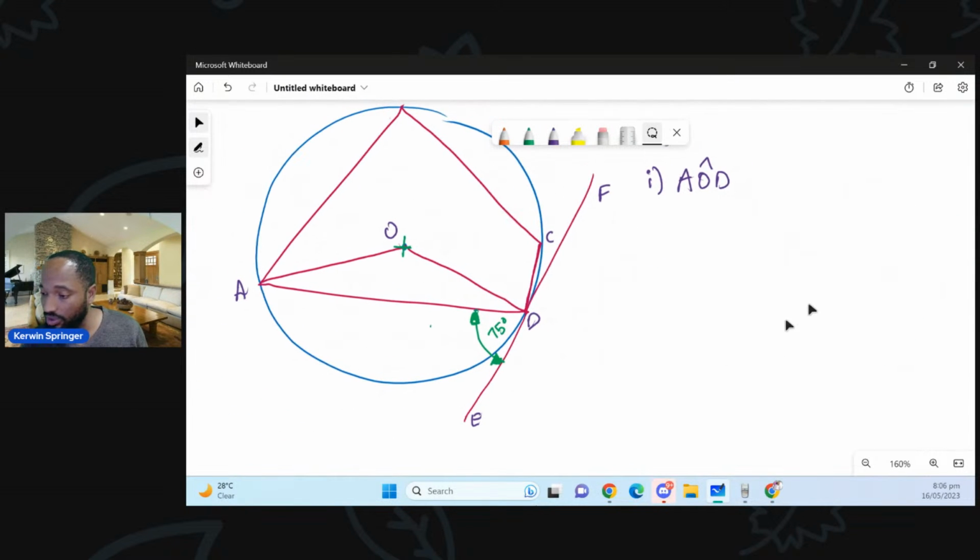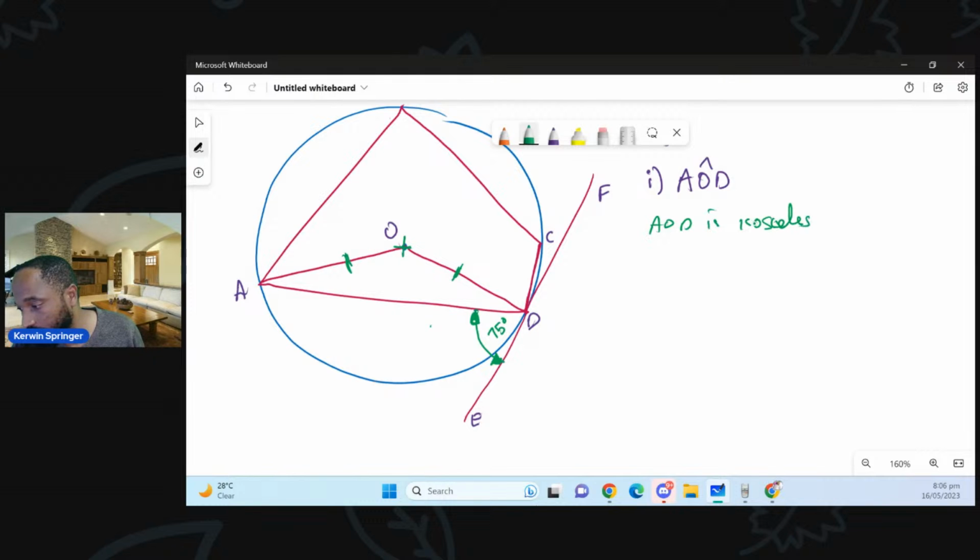So how do we figure out AOD? Well, I can already determine that AOD is an isosceles triangle, and that will come in handy.